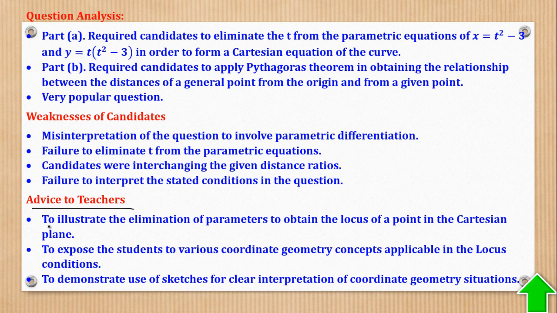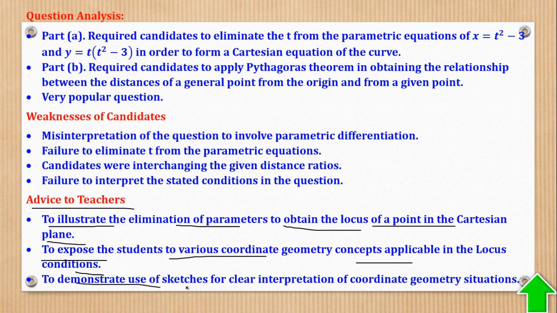Advice is that teachers should illustrate the elimination of the parameter to obtain the locus of a point in the Cartesian plane. Then also expose students to various coordinate geometry concepts applicable in locus conditions. So locus is all over geometry, so it can't be avoided.